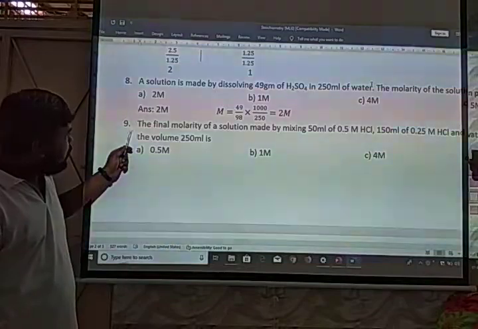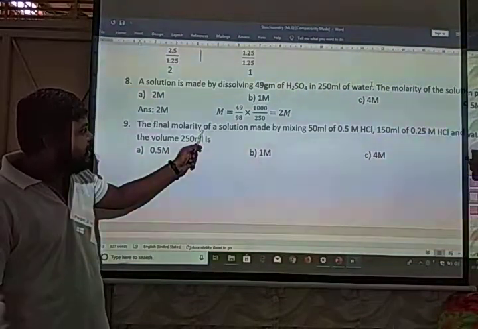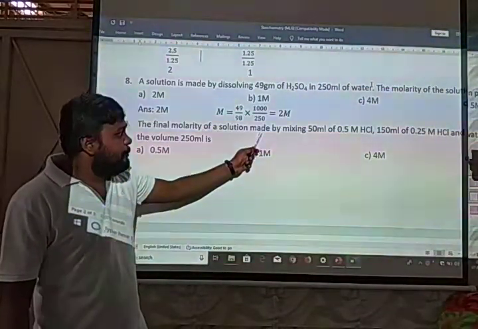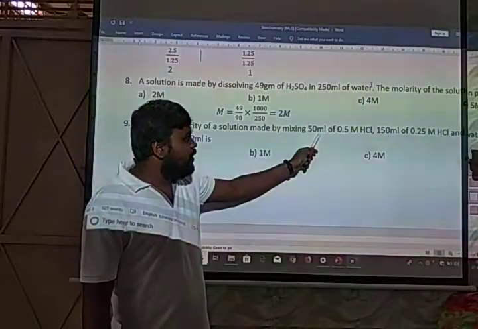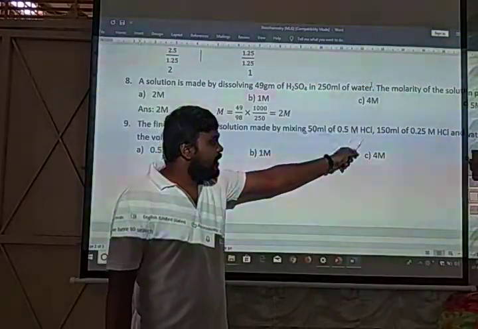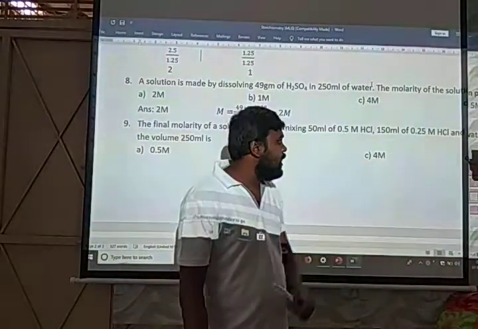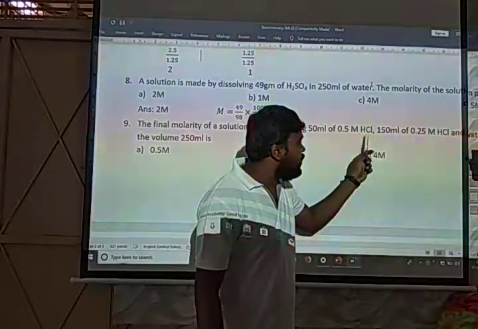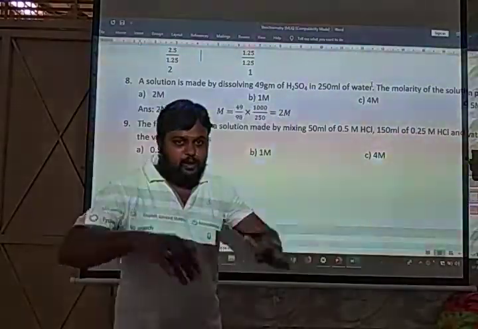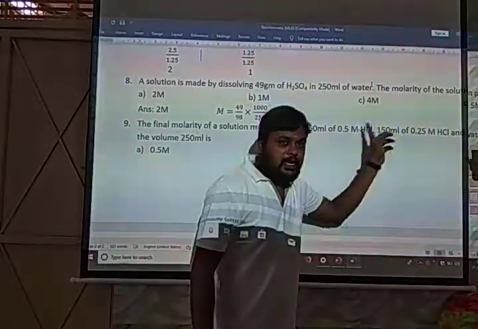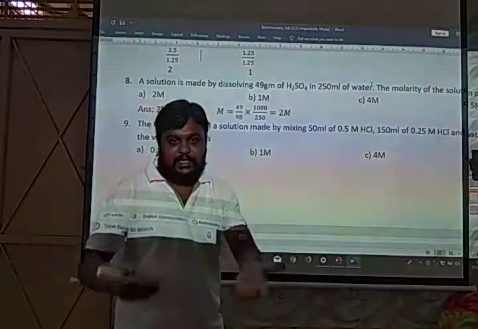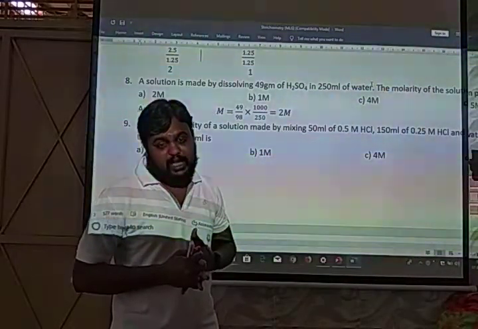So the next question is: the final molarity of the solution made by mixing 50 ml of 0.5 molar HCl and 150 ml of 0.25 molar HCl. See, both the components they are mixing here are HCl, that is acids, a mixture of acids.